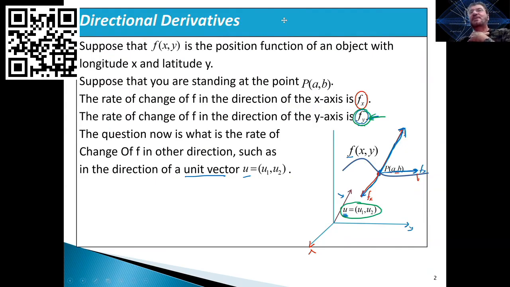I hope you understood it. It's very interesting to know how we can find the maximum and minimum speed of an object moving on a surface, like a plane in the air. Can you find the speed of that plane? Yes. All I have to do, while I am on the ground, is look at the direction, take on the ground any unit vector in the same direction, and apply the directional derivative formula.